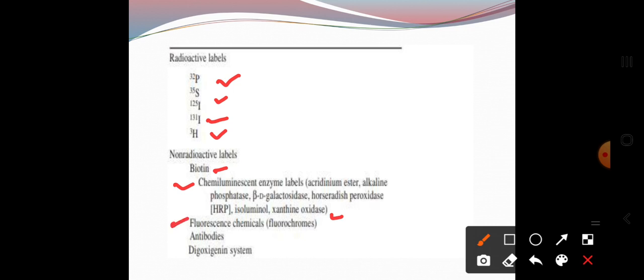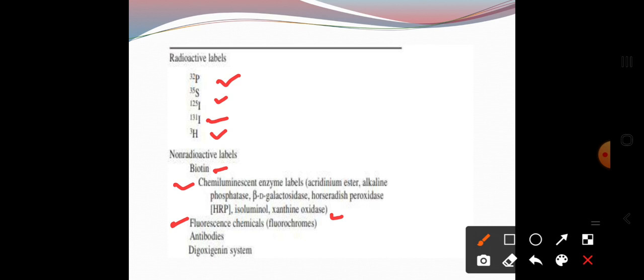Another one is fluorescent chemicals or fluorochromes. In an earlier lecture we discussed the FISH technique, fluorescent in situ hybridization. These fluorescent chemicals are used for the hybridization technique.